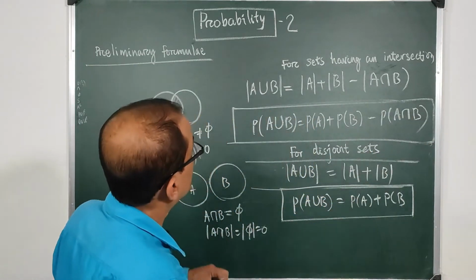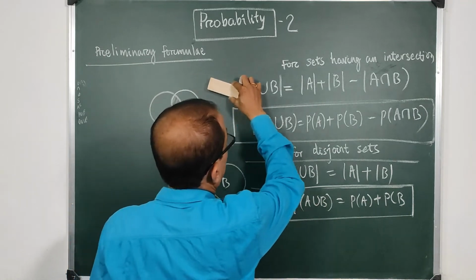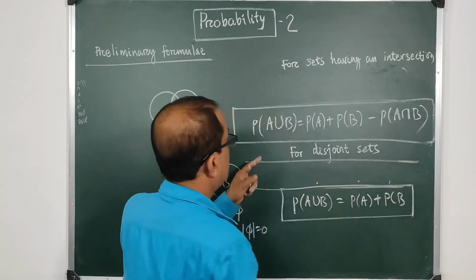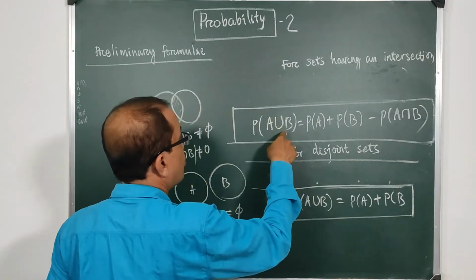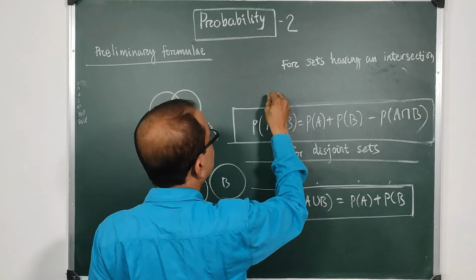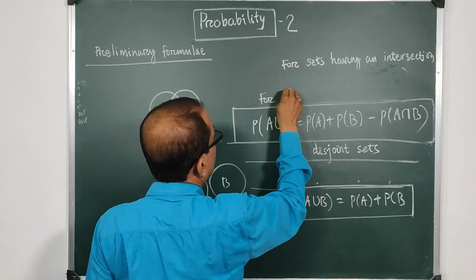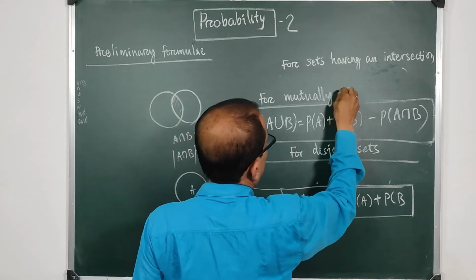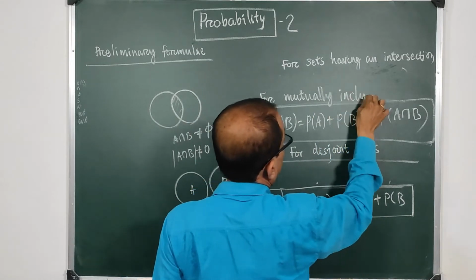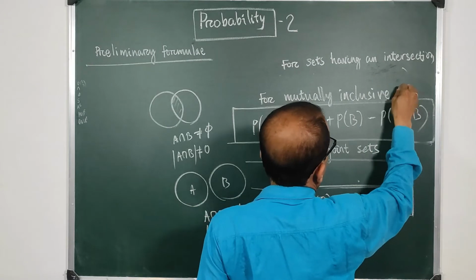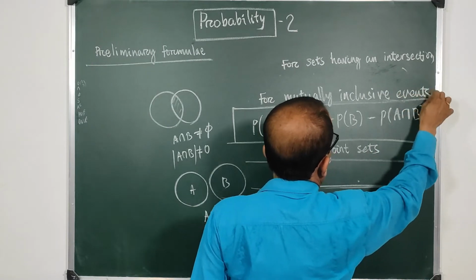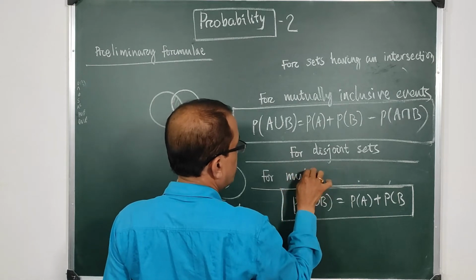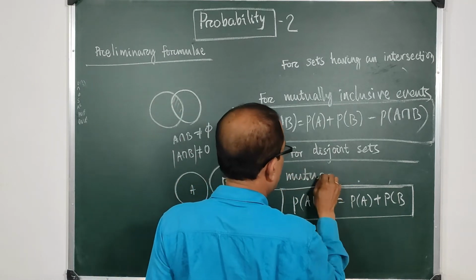If we just wipe these set theoretic formulae away, then for this formula we shall write for mutually exclusive events, and for the other, mutually inclusive events. Here we write mutually exclusive events because one excludes the other.